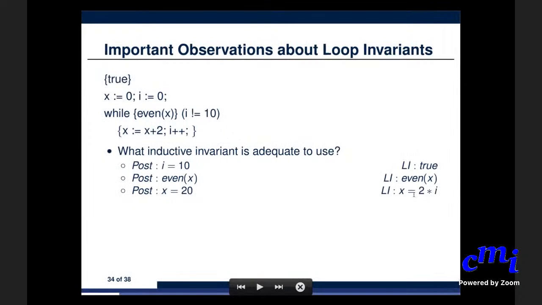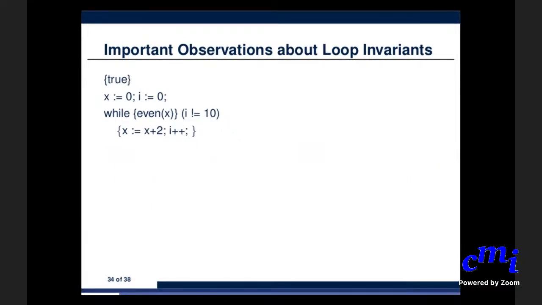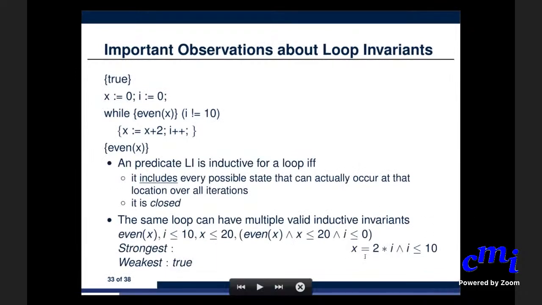predicate, loop invariant, will capture precisely, this is not the strongest, by the way, this is the strongest. Okay. So now this captures precisely the set of all values that x and i can take during any iteration of the loop when you're at this entry point of the loop.